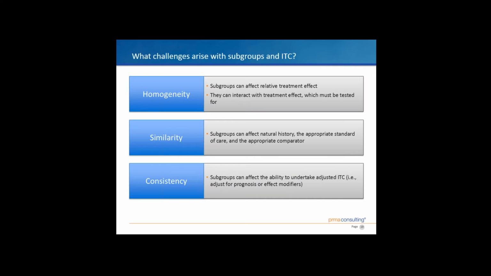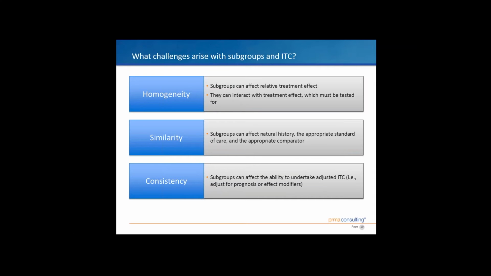The similarity assumption is primarily affected via natural history. Obviously, subgroups are used a lot to identify varying unmet need. Subgroups are also identified a lot to identify different standards of care and appropriate comparator. And then consistency we're going to come back to because it's the interesting technical challenge that arises of these three.